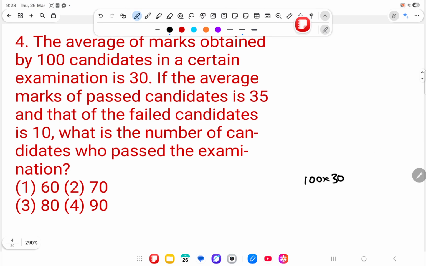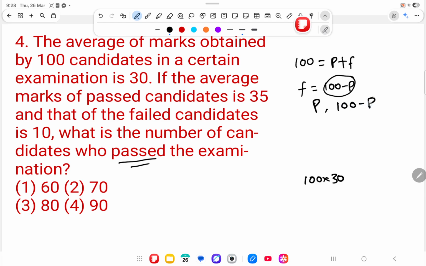If the average of passed candidates is 35 and of failed candidates average is 10, total 100 candidates is equal to pass plus fail, then fail is equal to 100 minus P, or pass is equal to 100 minus F, fail. I am converting everything into P. The reason is that finally they are asking passed candidates. So one is P and the other is 100 minus P total.